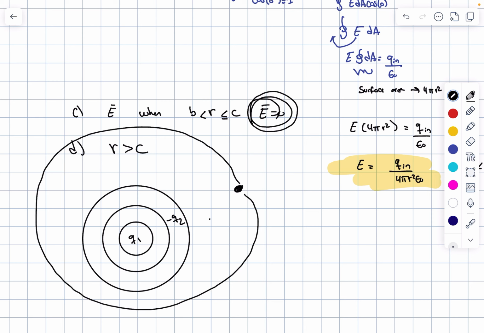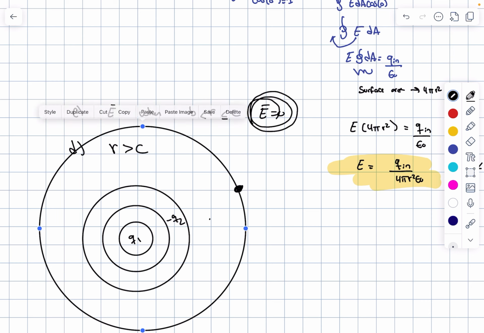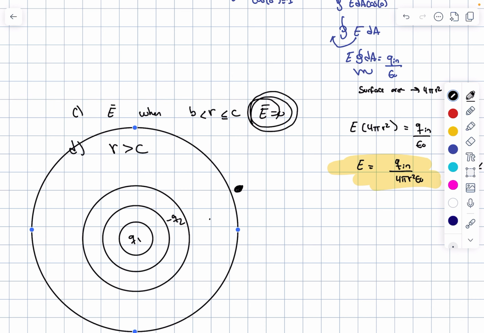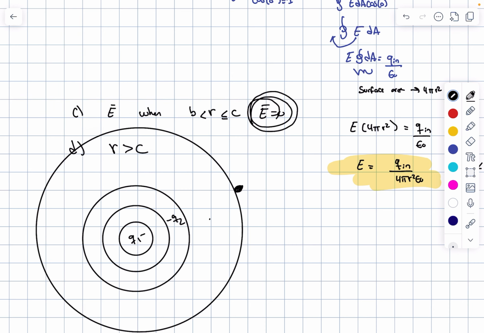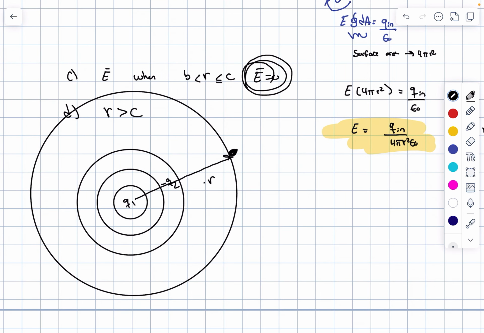First thing I do is I draw a circle that has radius r. So this has some radius r, and I need to figure out what is the amount of charge enclosed in this volume. So Qin is going to be equal to, well, I have Q1 and then I have negative Q2.